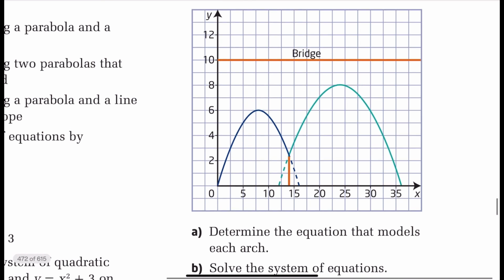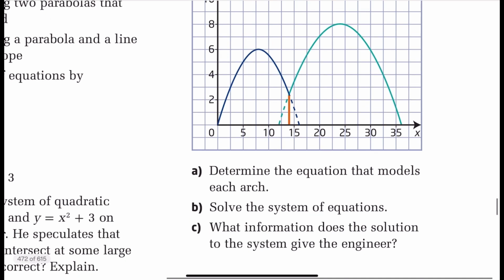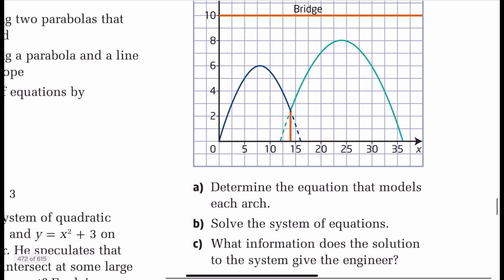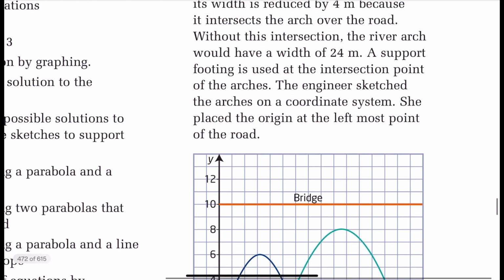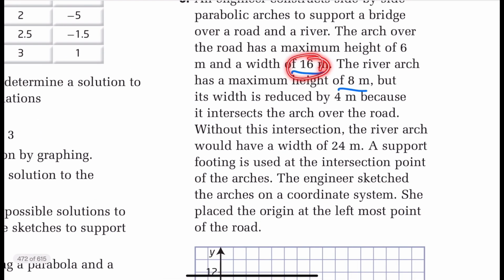The first thing, if we need to find the equation of a parabola from a graph, you need a point. The width of the first one is 16.